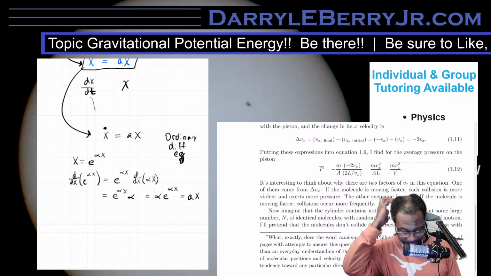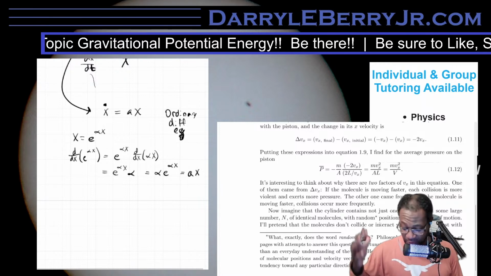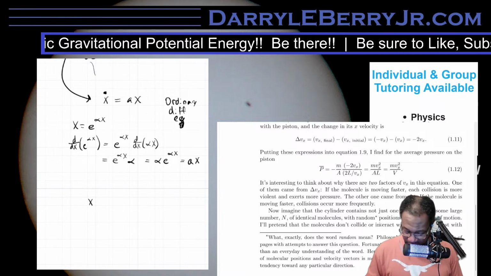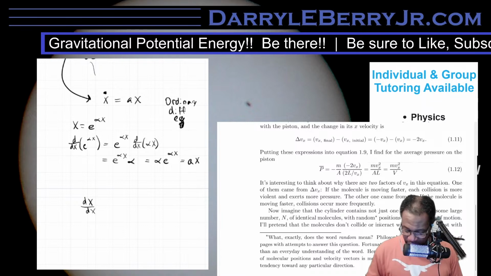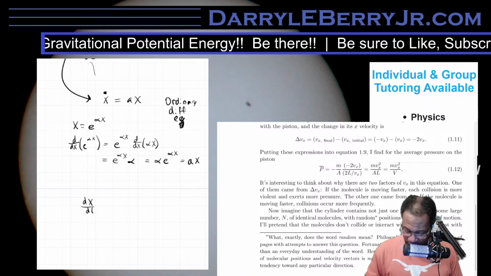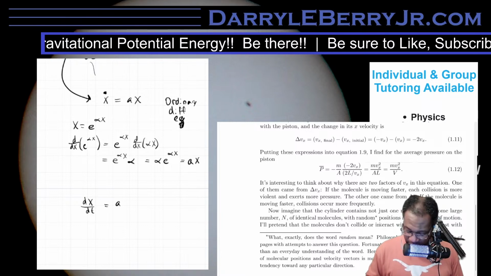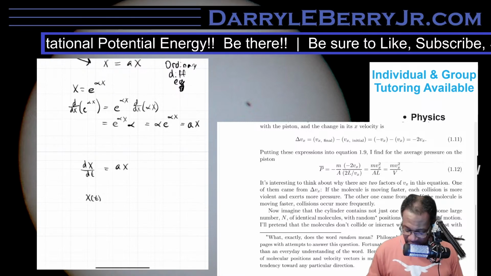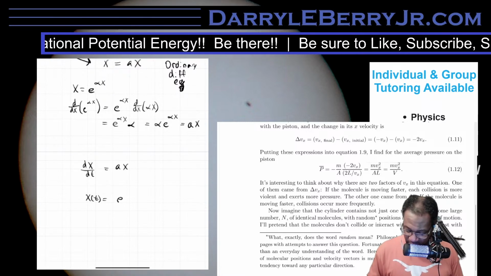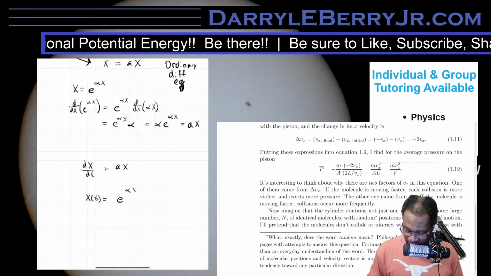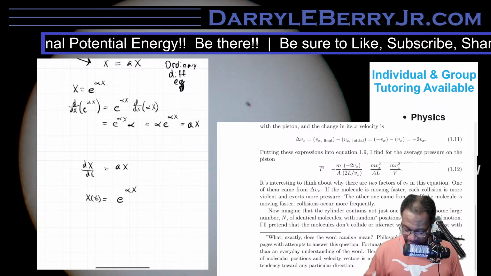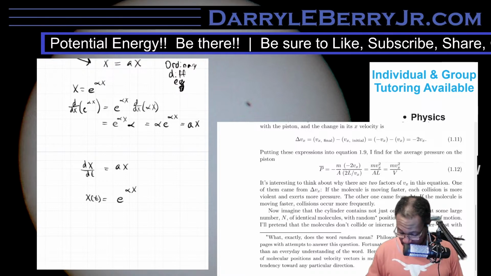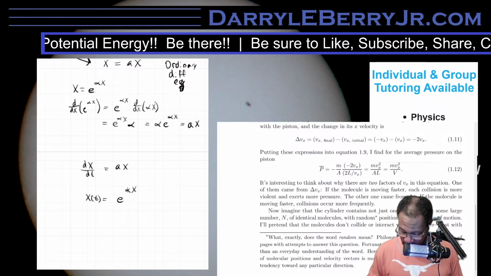You see that? So right there, we actually solved the differential equation dx/dt equals ax. We'll say that x of t is e to the alpha x.